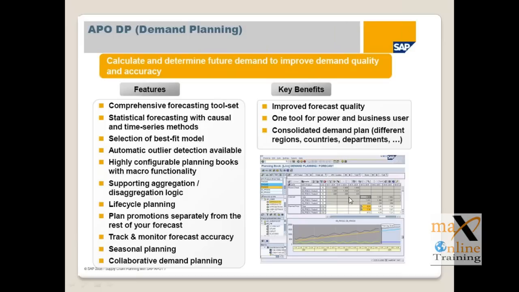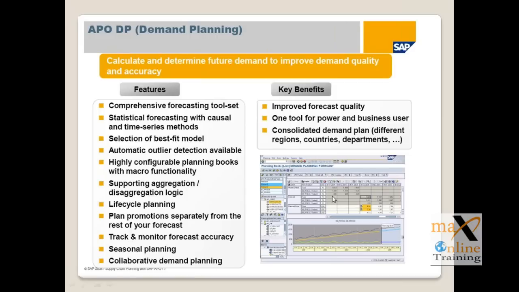The sales people will tell the promotion value we are going to do next month, the forecasting team will tell the sales we are going to make next month, and the manager can see this is my forecast, this is my promotion, this will be my final sales for the next month. You can see it for one product, for one country, or at the global level, whatever you have selected.